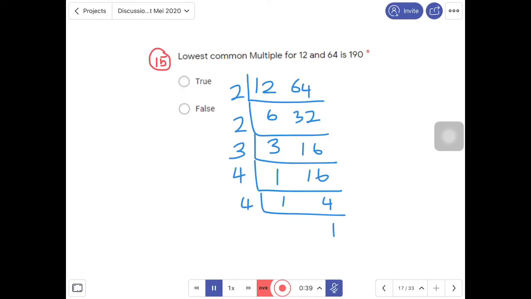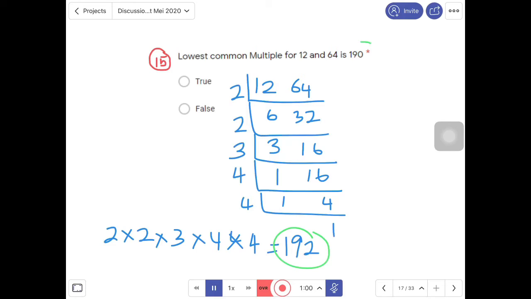Okay. Then we just multiply the numbers. So 2 times 2 times 3 times 4 times 4 is equals to 192. Therefore, it is not the same. So the answer is false.